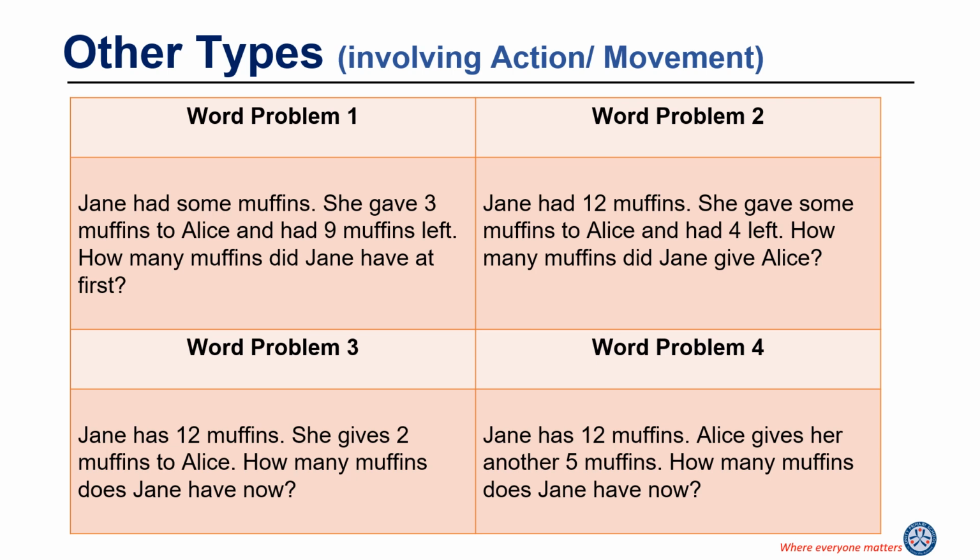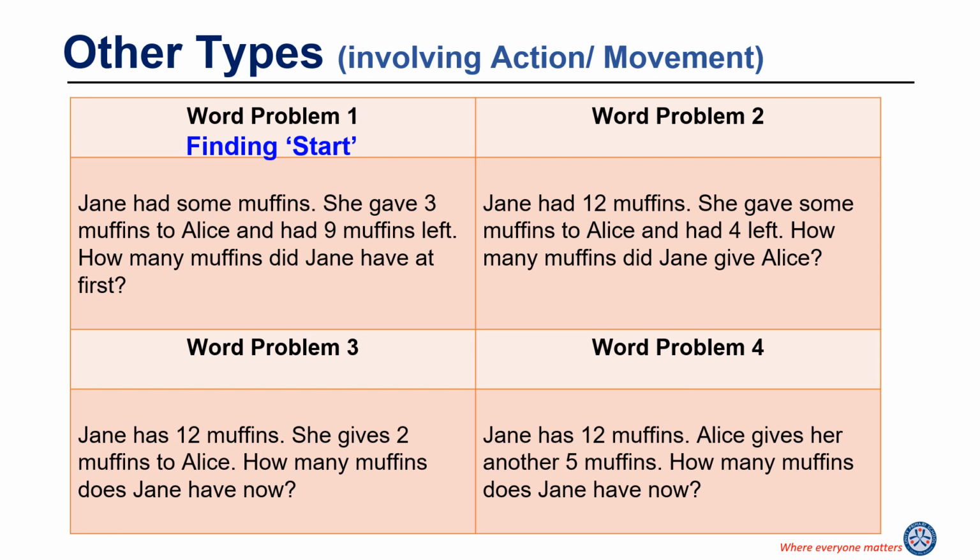These 4 word problems look similar. All of them involve 2 ladies, some muffins, and also movement of the muffins. However, there are differences between them, as what we want to find in these word problems are different. For word problem 1, we are finding the start, the number of muffins Jane had at first.